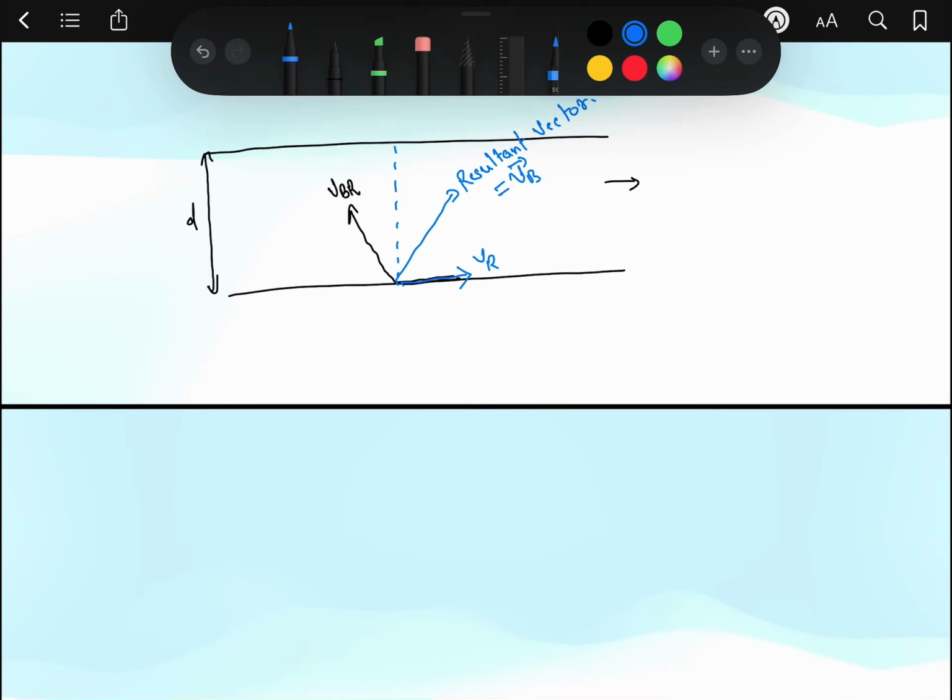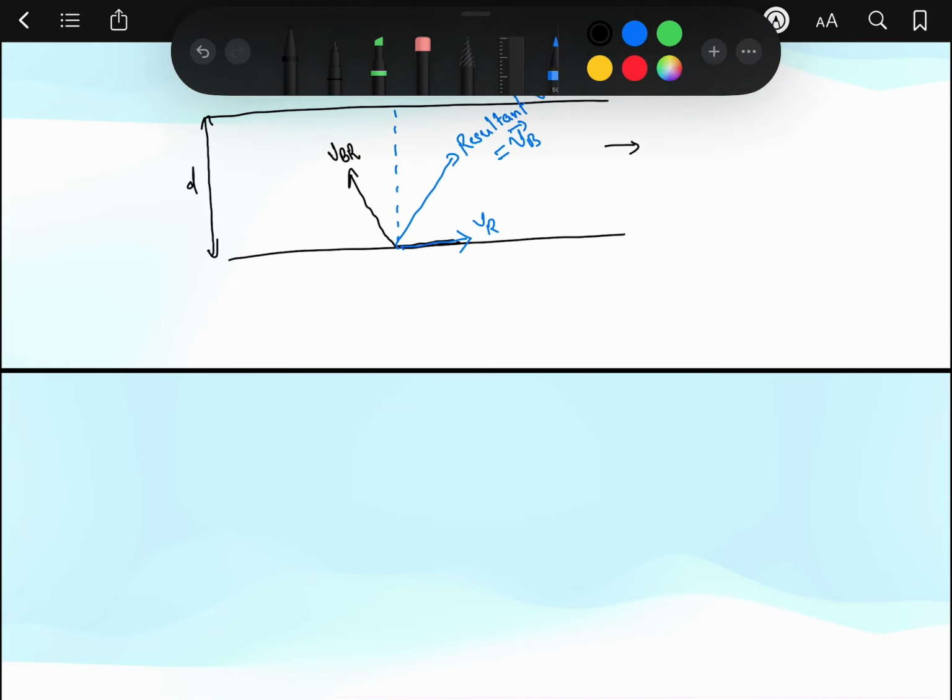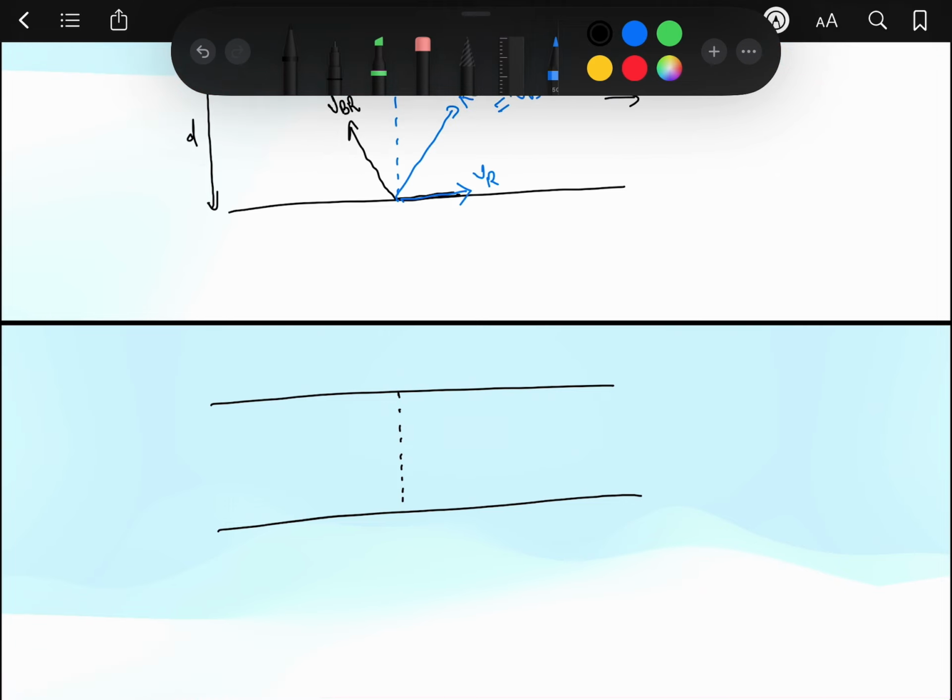Now let me take this example with some more illustrations. This is the river. Let us suppose this is the velocity of boat with respect to river, and this is the direction of velocity of river, and let us assume this angle is theta.